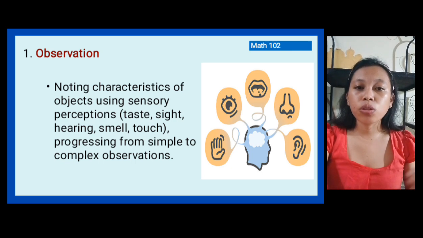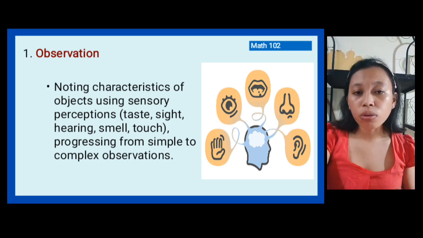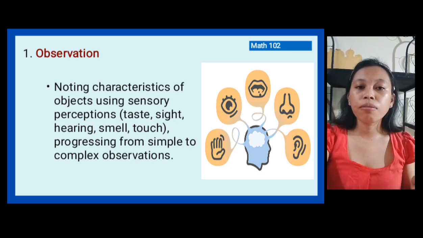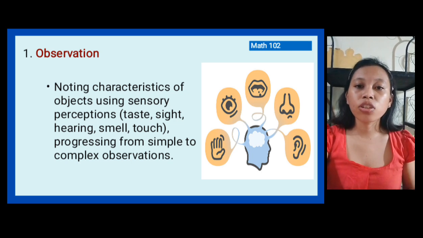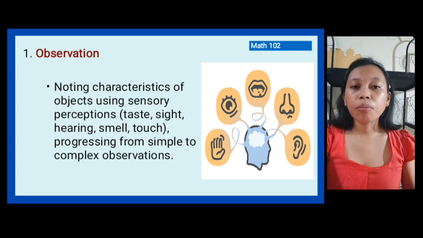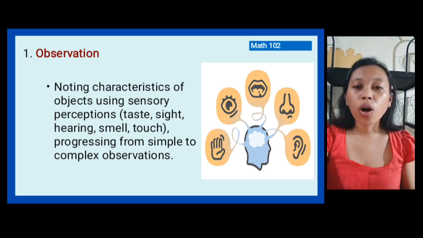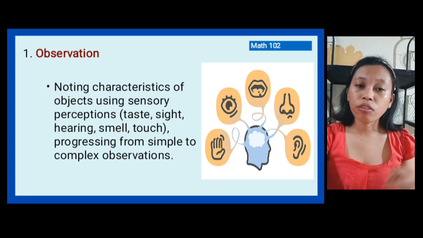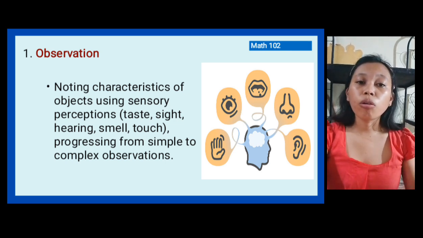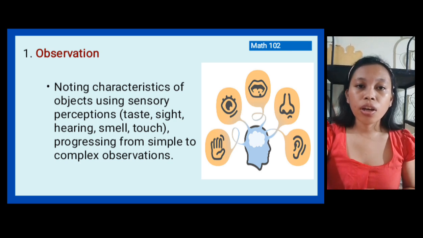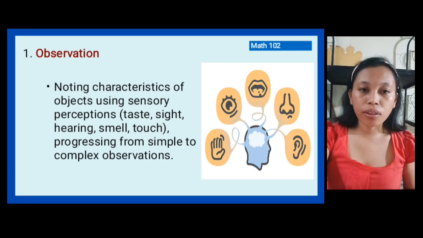Example, students are studying plant growth. They observe a plant daily, noting changes in height, leaf color, and the presence of new leaves. This is the first step for you to understand something. Of course, you have to observe. That's the first one, the observation.